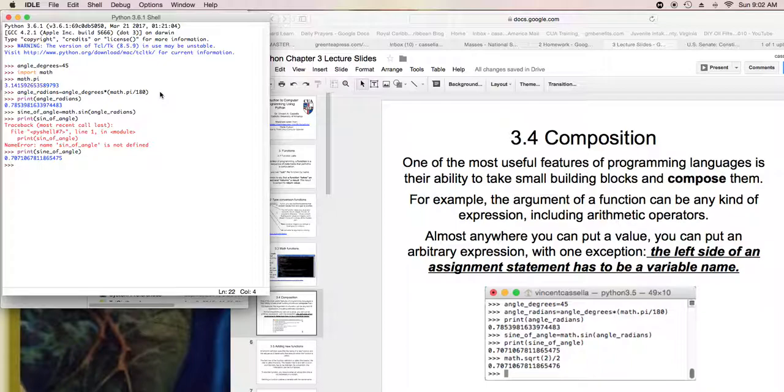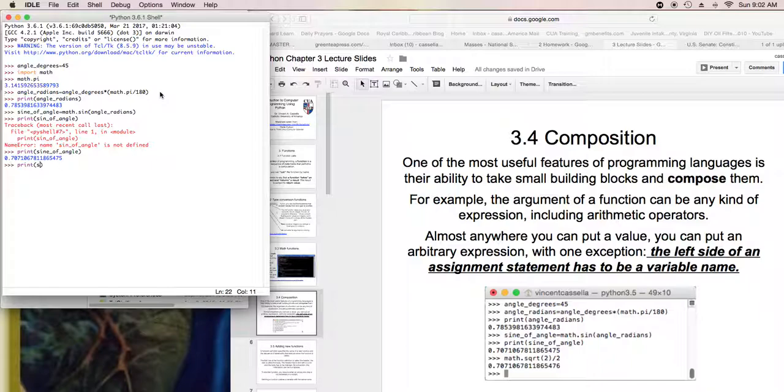Now, I can also, here I put the variable name angle_radians. I could have actually put, let's see, Control P. So I knew that the angle in radians is that number right there.